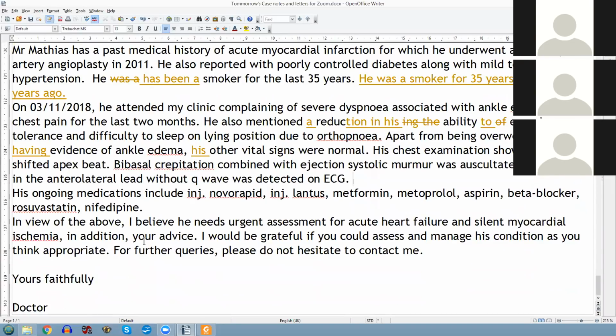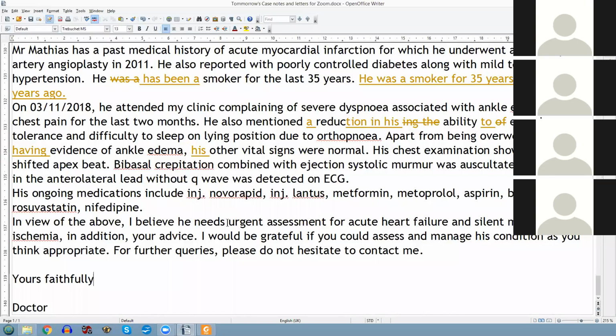Okay, "I believe he needs assessment." "In addition, your advice." That seems a bit of an add-on. "I believe he needs urgent assessment and advice." I won't just put that in addition your advice. It doesn't read particularly well.